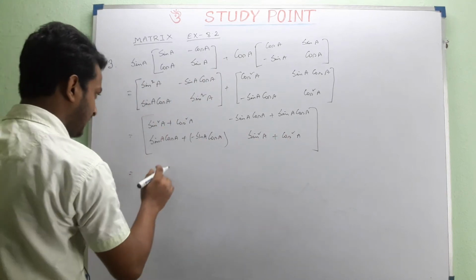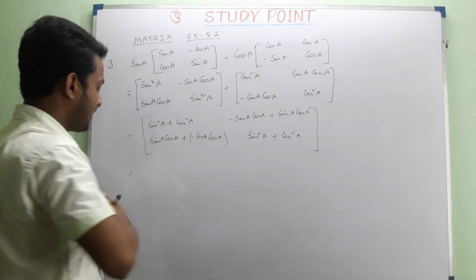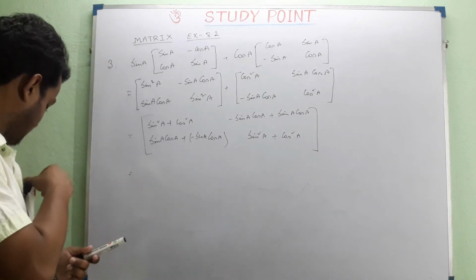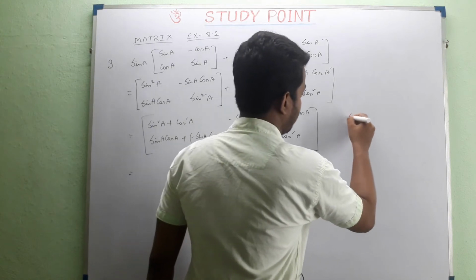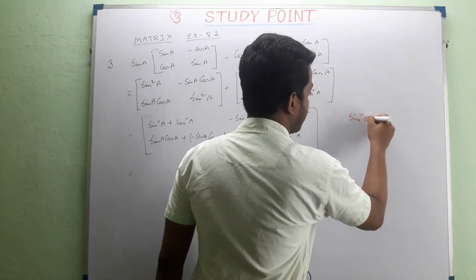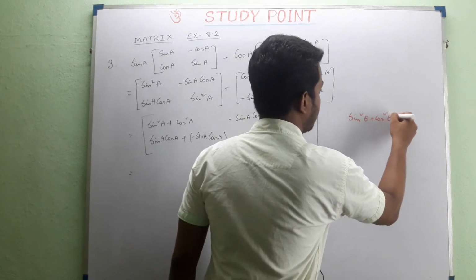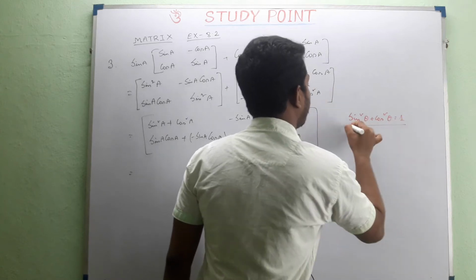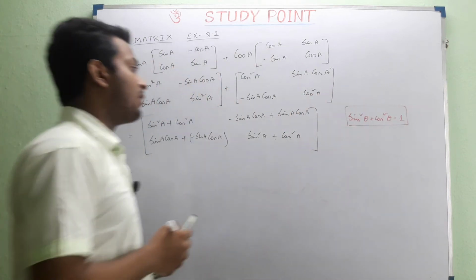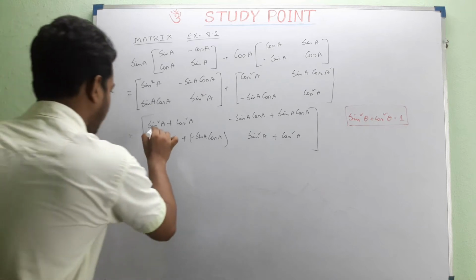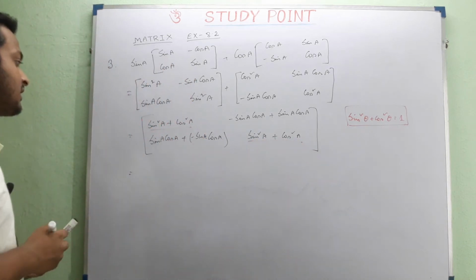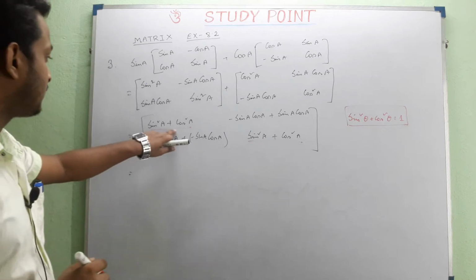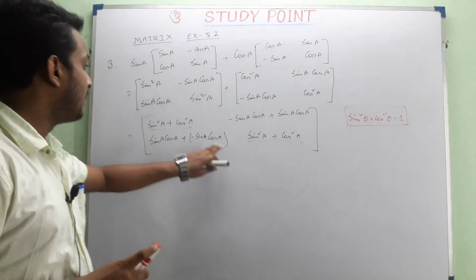Now in the next line, as I said, if any formula is required then obviously I will tell you, and based on your class 9 there was a formula: sin square theta plus cos square theta is equal to 1. By this formula we can put the value 1 over here and 1 over here, because sin square A plus cos square A is over here, and the same thing here also.